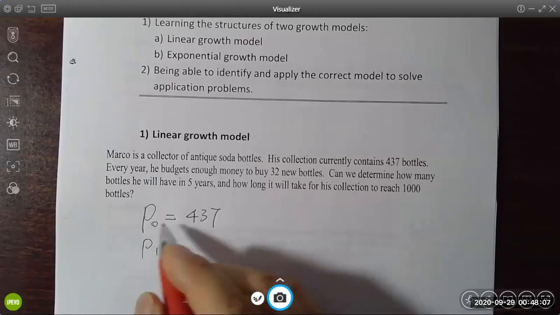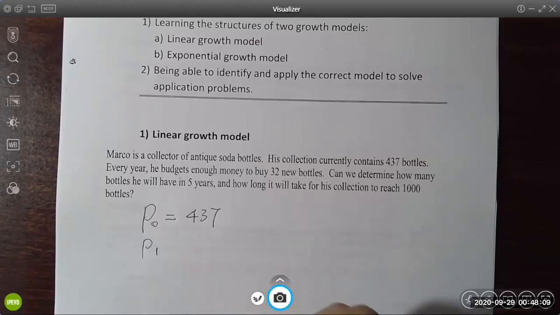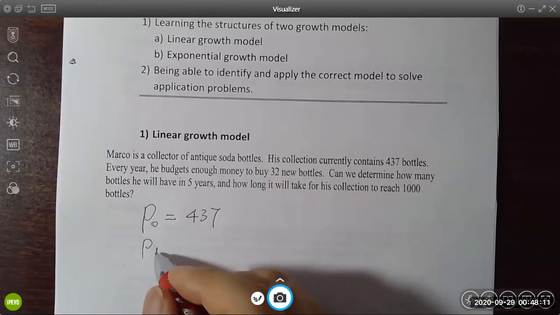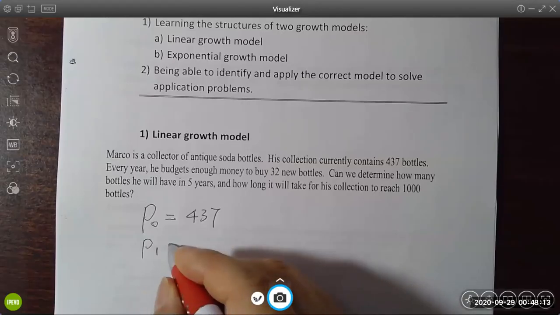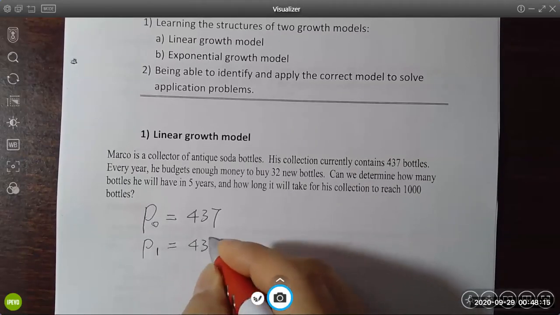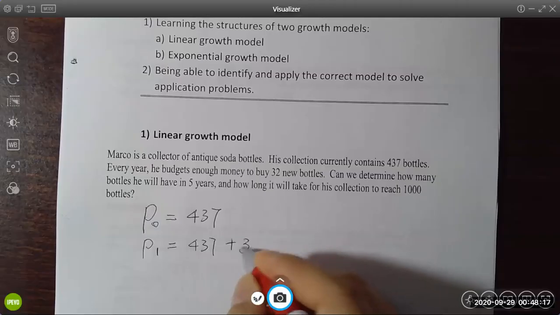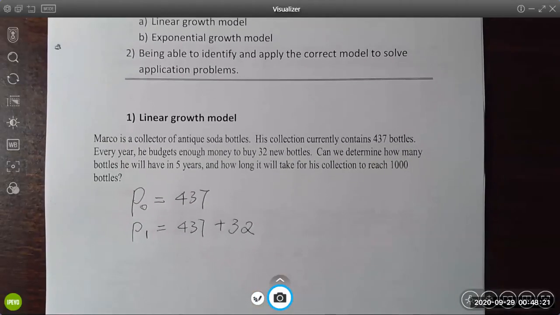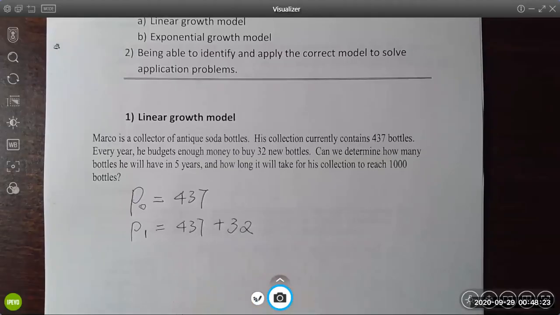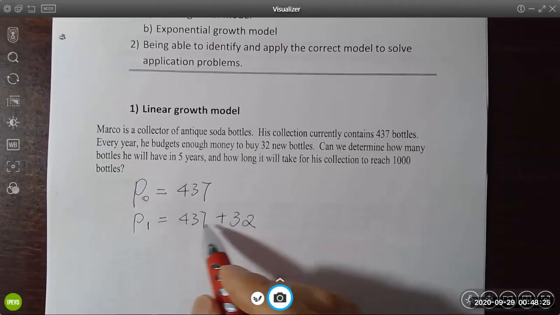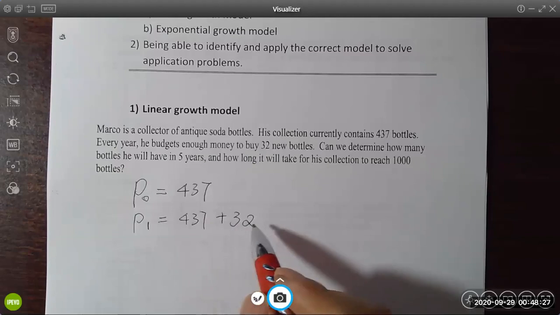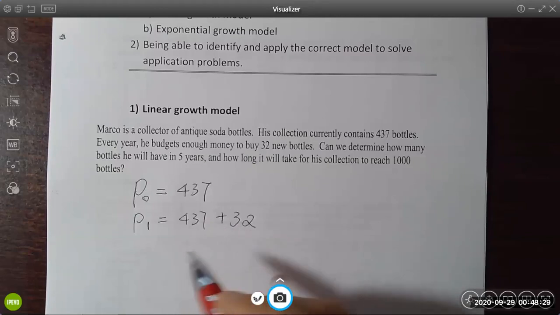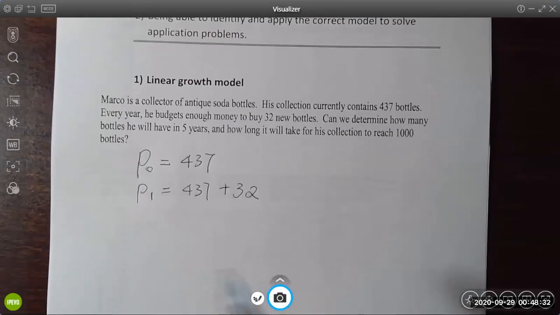Year one is 1 year after. So we will have 437 plus 32, right? Each year he will buy 32 new bottles. So that's the total number after the first year. Everybody can add this together, so that's not our point. We want to develop a pattern, a formula.